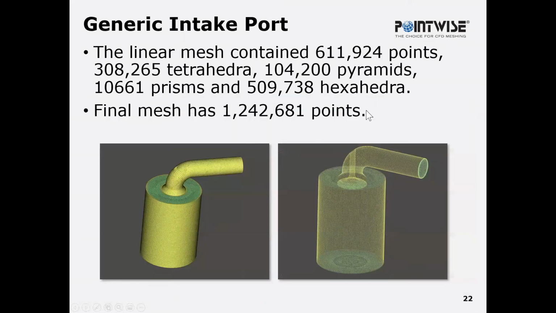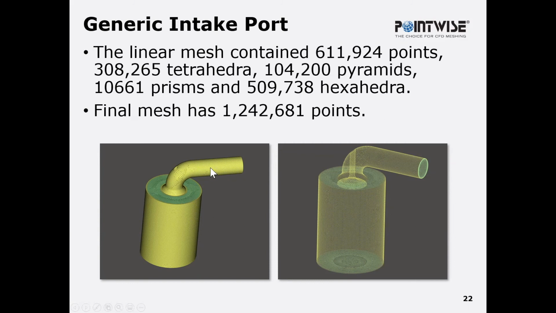So looking at a more industrial application, this is actually a tutorial from Pointwise. It's an intake port and valve, and the linear mesh contains, again, a hybrid mesh with tetrahedra, pyramids, prisms, and hexahedra.